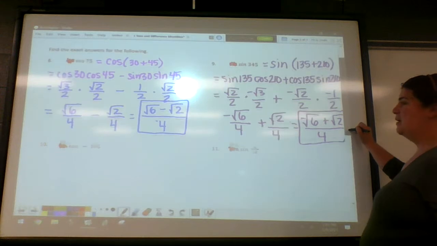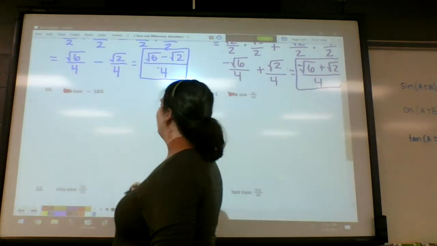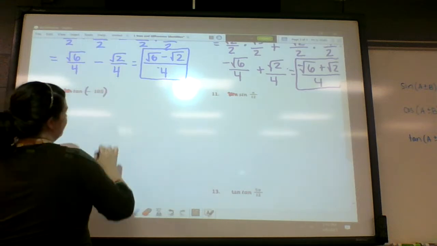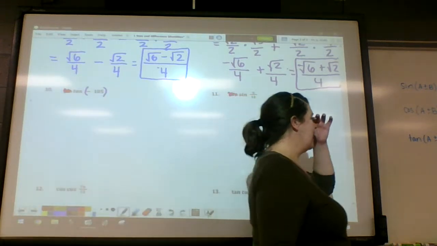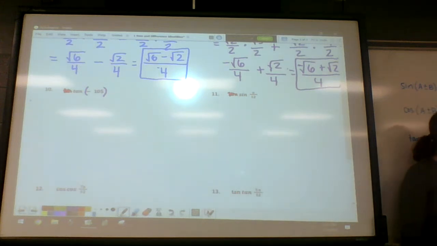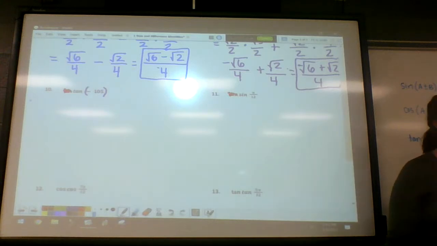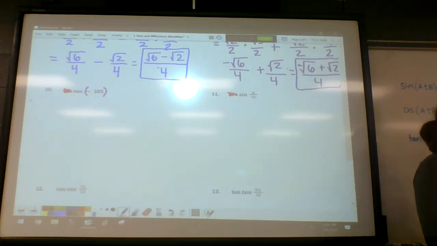All right. You ready for this tangent? Oh, this is the tangent of negative 105. So we need ways to get negative 105 using angles on the unit circle, negative 105. By the way, if it ends in a 5, you're probably going to have to use like a 45, right? Or a 135, something with a 5. Okay.